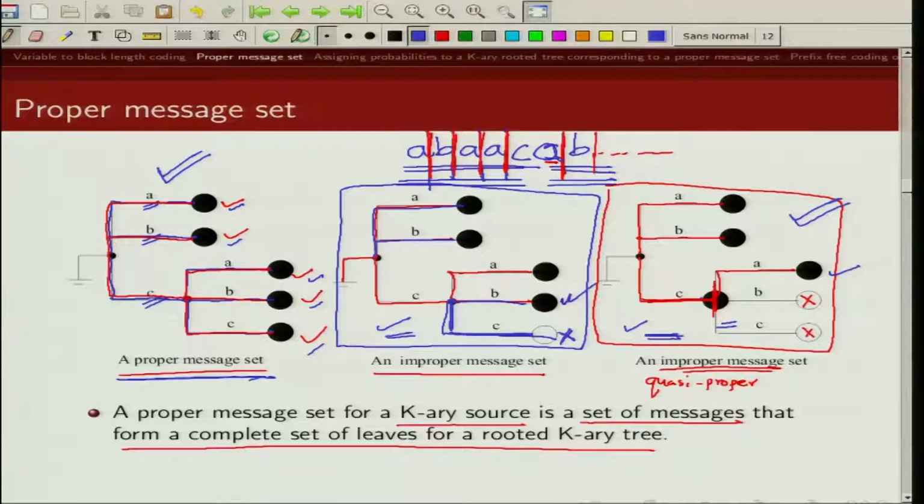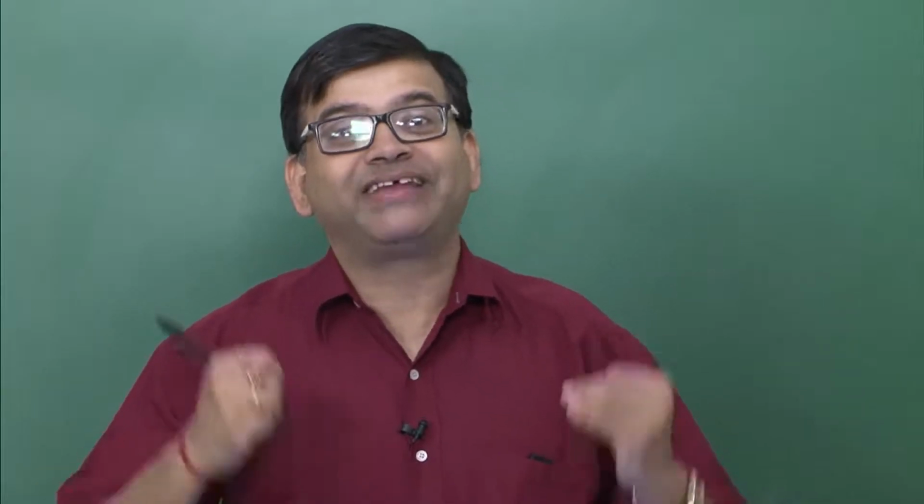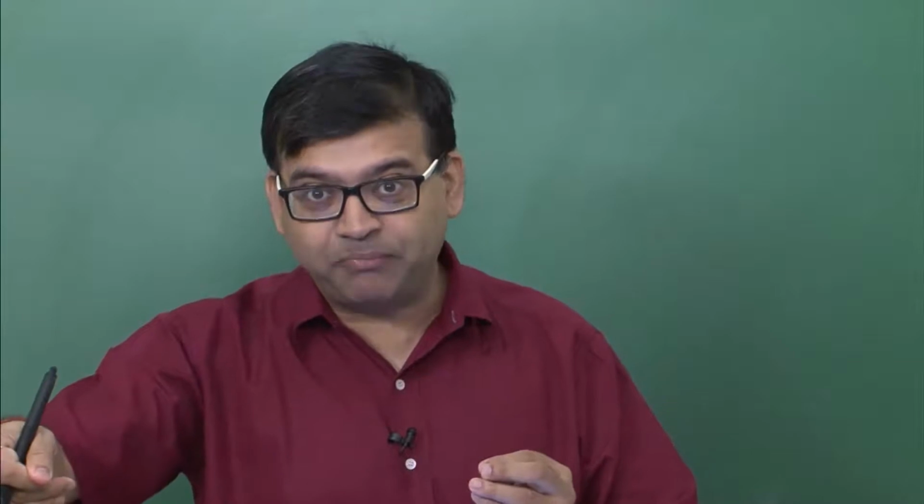Now what's happening here? If A and B are coming, I know that's my message boundary, but if a C comes, I do not know instantaneously whether that's my message boundary or I should look at the next bit. Once I get a C, I need to look at the next bit to decide whether my message boundary is at CA or I should just have the message boundary at C. So I cannot instantaneously tell how to parse the source message. I need to look at the next bit and then decide where my input bit stream should be parsed.